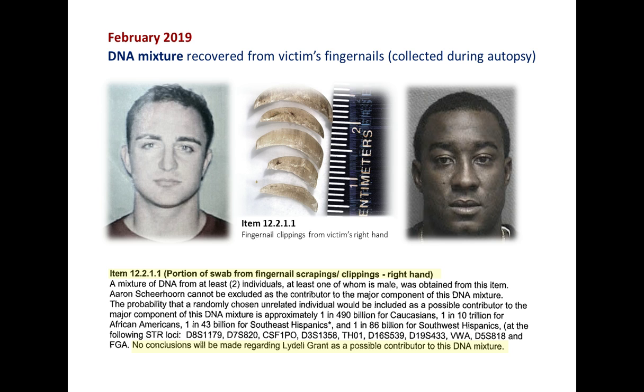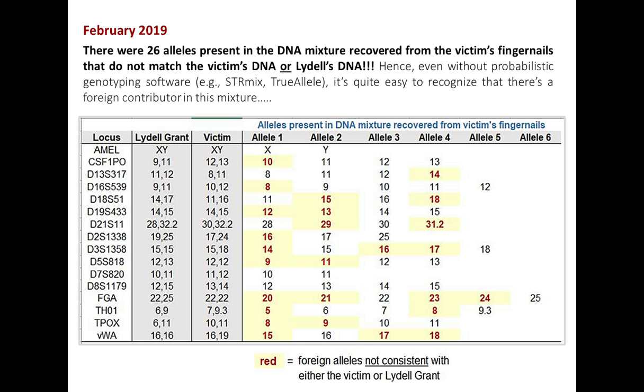So all the jury heard was what's on this previous slide, that there was a DNA mixture recovered from the murder victim's fingernails, and the DNA mixture is too complex, we can't interpret it, so we're going to call it inconclusive. But then, of course, they heard that there were 6 eyewitnesses that identified Mr. Grant. Now, back to this slide, again, this took me 30 minutes to put together.